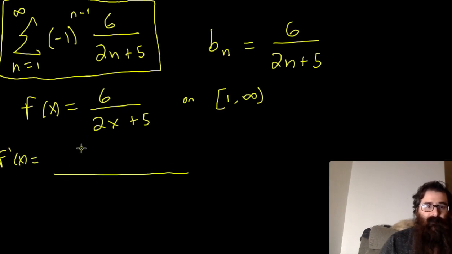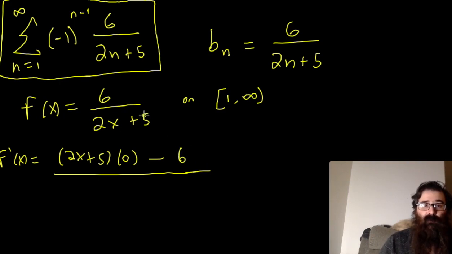So, okay, I'm going to rewrite the old denominator up on top, times the derivative of the numerator, which is 0, and then minus, I'm going to rewrite the numerator times the derivative of the denominator. Derivative of 2x plus 5 is 2. And then all over the old denominator squared. And here this first piece, 2x plus 5 times 0, is just 0, so that drops out.